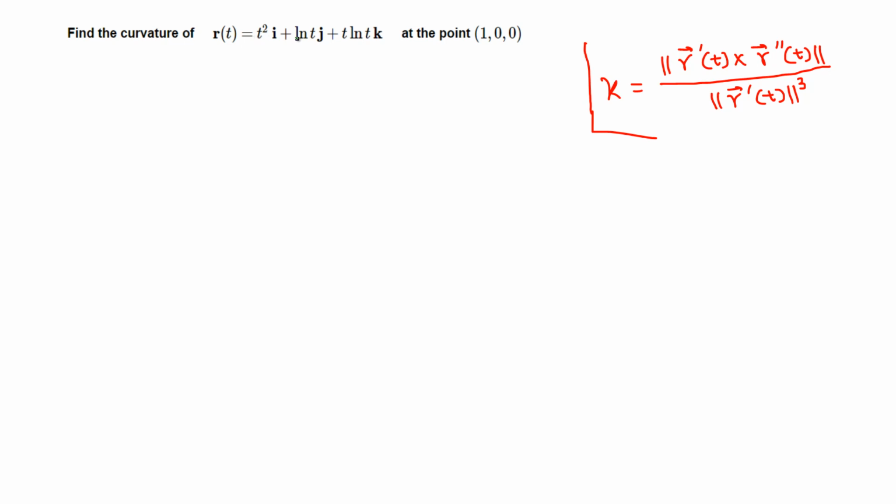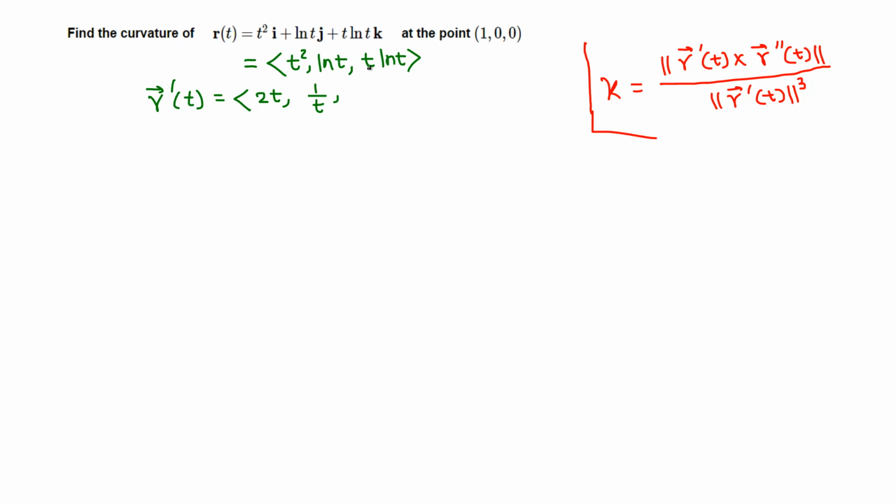We can rewrite this vector function in component notation. So this is t squared, this is natural log of t, and this is t ln t. Then the derivative is just the derivative of each component: 2t, 1 over t, and the derivative of t times ln t is a product, so we need to use the product rule.